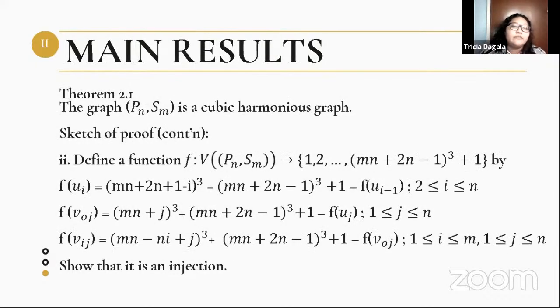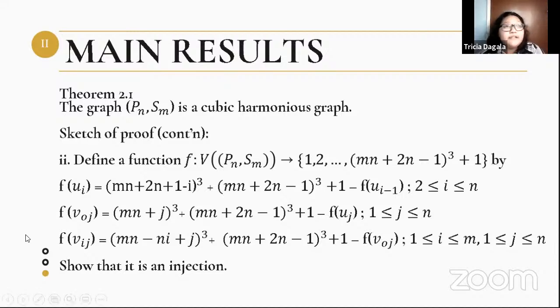So for the second part of the proof, they defined a function f from the vertex set of the graph to the set of 1, 2, up to mn plus 2n minus 1 quantity cube plus 1, by these.